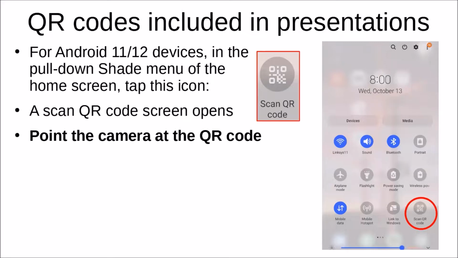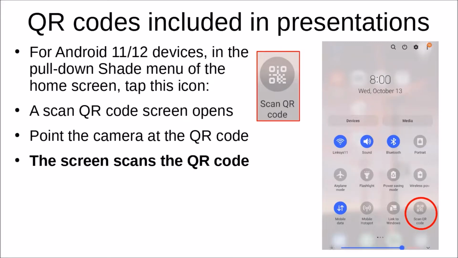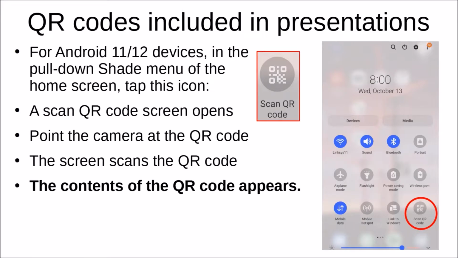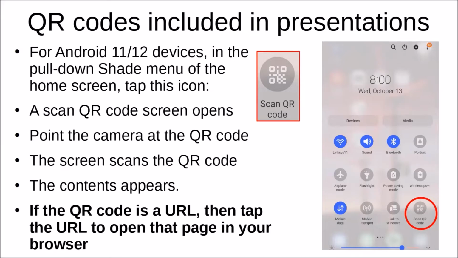You point the camera at the QR code and the screen scans the QR code and again gives you an option to open the URL, store the address information that might be in a QR code, or use the QR code to write an email. You're going to see that type of QR code at the very end of my second presentation.